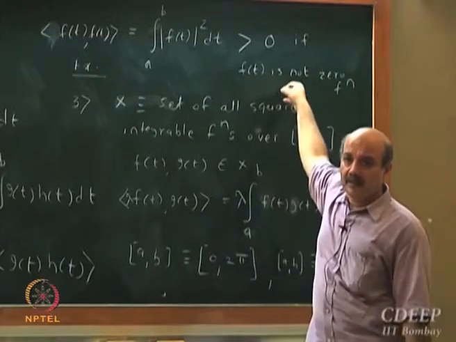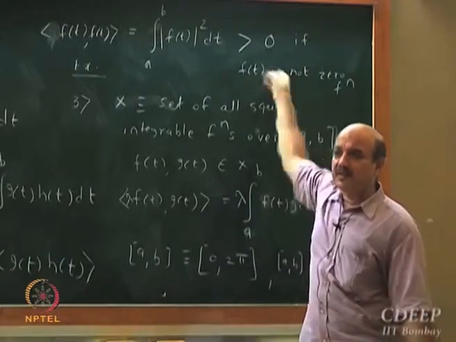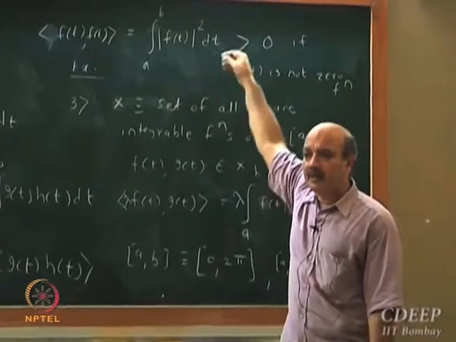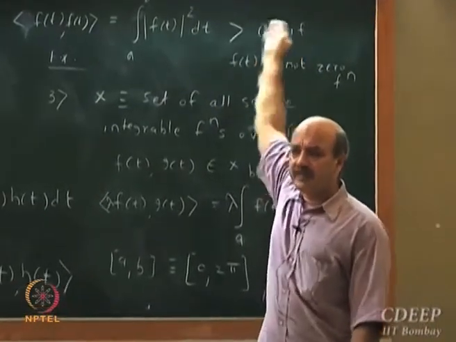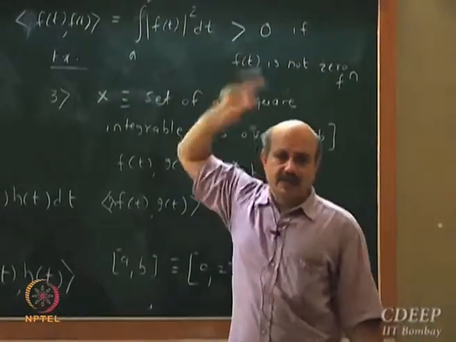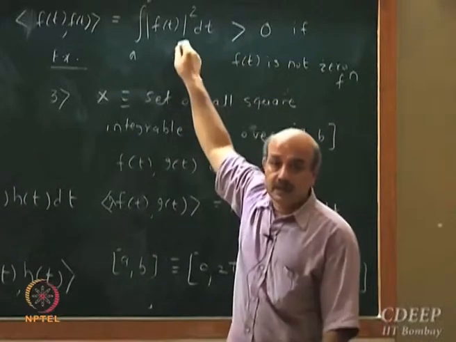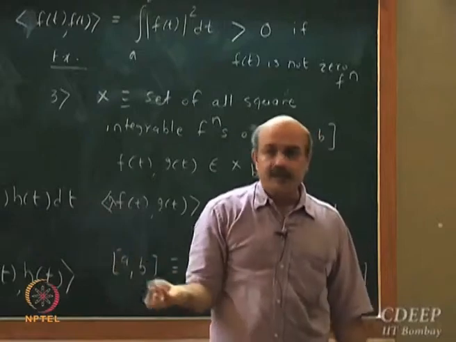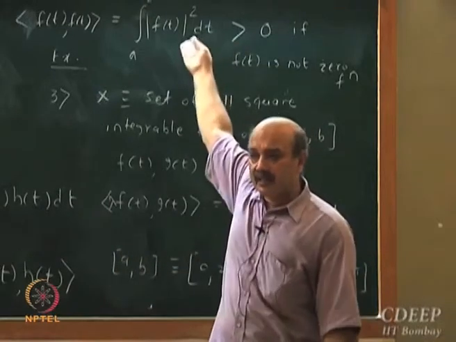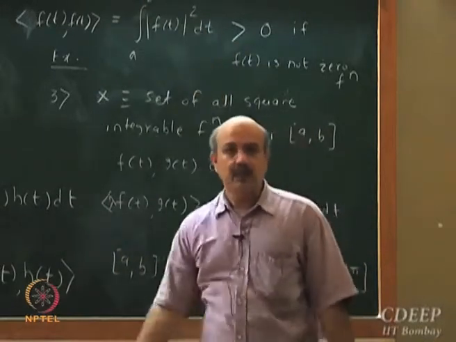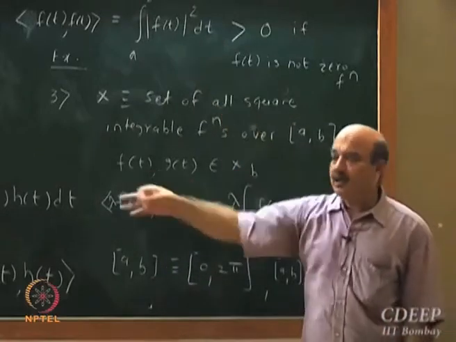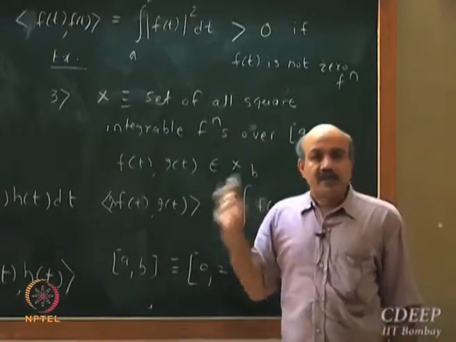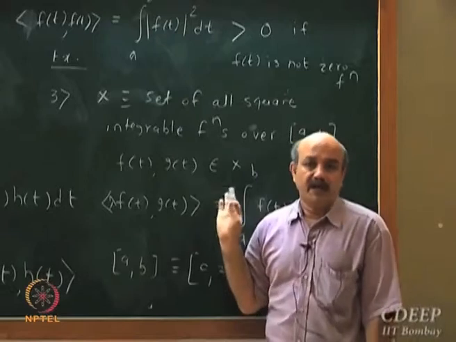Am I correct? If f(t) has even one non-zero value in the interval a to b, f(t) squared dt will be positive. This will be 0 only when f is 0 everywhere on [a, b]. So all the four properties that you need for an inner product to be defined are satisfied.